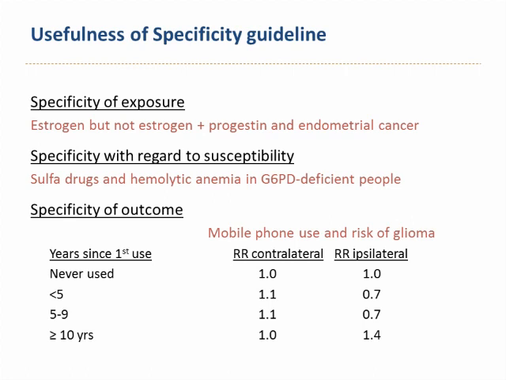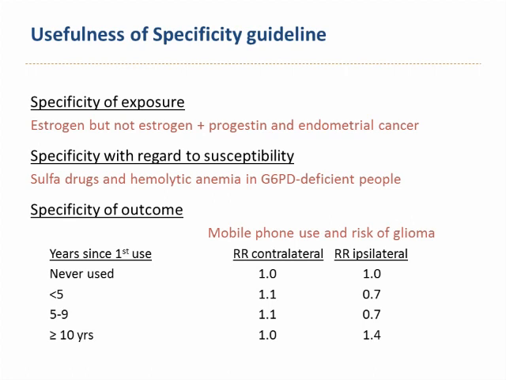We would believe that we would be more likely to see an association with gliomas on the same side as the person holds the handset over the contralateral side. And as we would expect, with those who use cell phones for the longest duration of time, 10 years, we see a somewhat elevated risk of a glioma on the ipsilateral side, a relative risk of 1.4, and we see no elevated relative risk for glioma on the contralateral side.